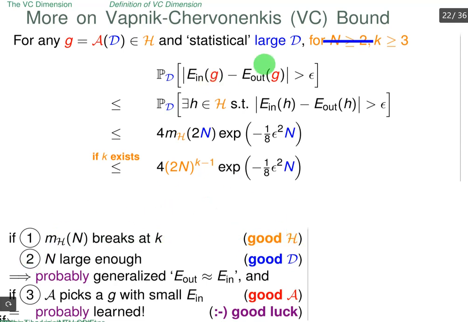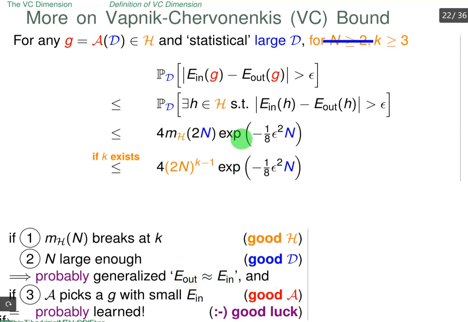Second, if you have large enough data, it's good, because if N is bigger, the right hand side will be smaller, and we can claim that our hypothesis generalizes out of sample, so the out of sample error is equal to the in sample error.